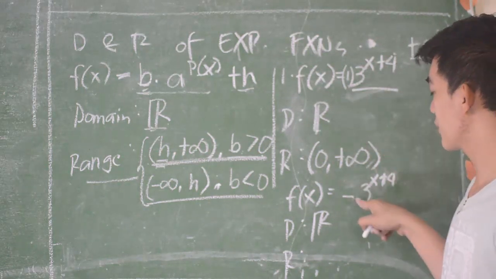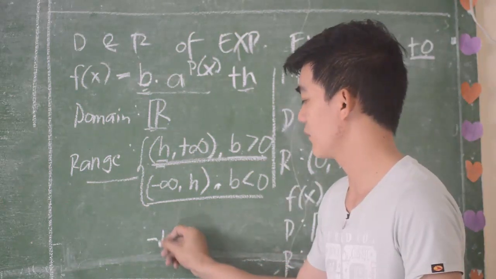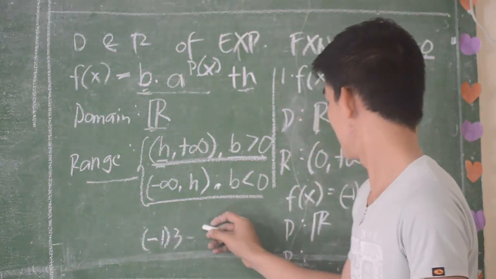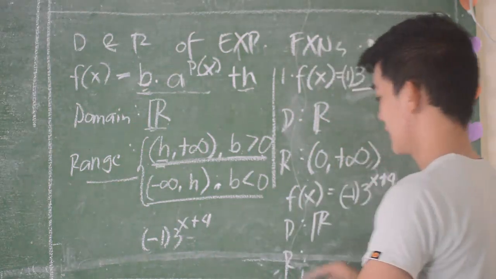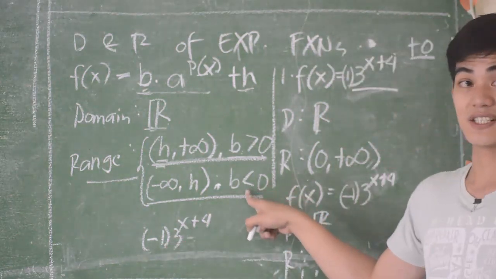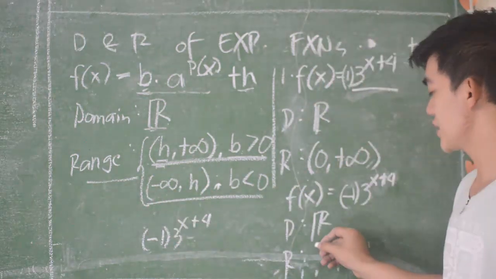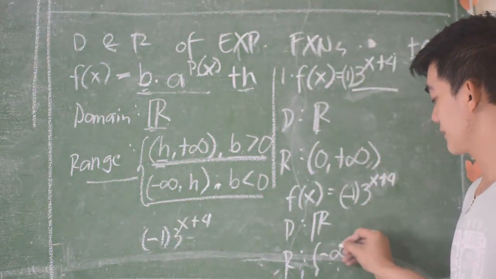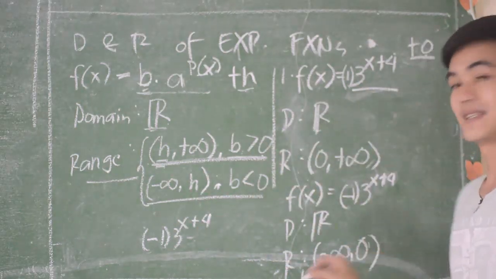Kanina walang negative, di ba? Ibig sabihin yung katabi nito, negative 1. May invisible na negative 1 dyan, tapos 3 raised to x plus 4. Ganyan yung itsura niyan. So, ibig sabihin negative 1, that is less than 0. So, yung susundan natin is yung second. So, the range there would be negative infinity. And then our h, of course, is also 0.